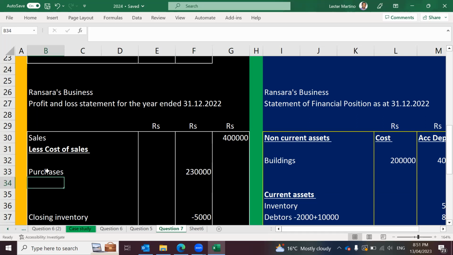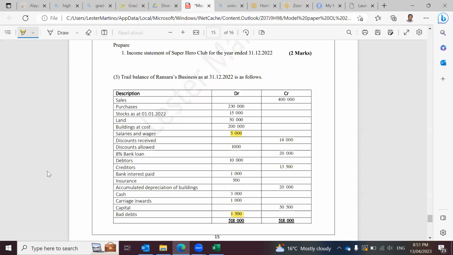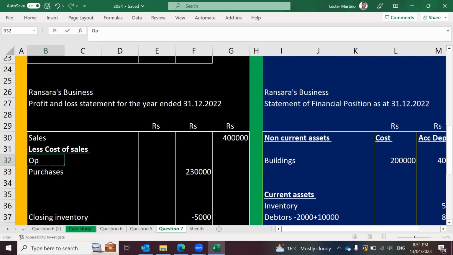Purchases, second column, 210,30,000. Opening inventory or stocks as at 1st Jan 2022. So write it down, opening inventory. Opening inventory or stocks, both are same. 15,000.